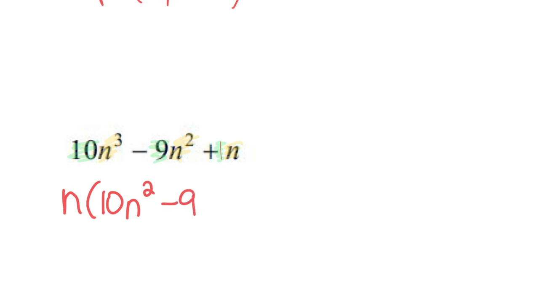Minus 9, n times n would make n squared. And so I have n times n for the n squared. And then on the end, plus 1, and then I took an n out, but there was only 1 n to start with, so I don't need an n with that last term. That n is gone. And there is the GCF factored form of that polynomial.